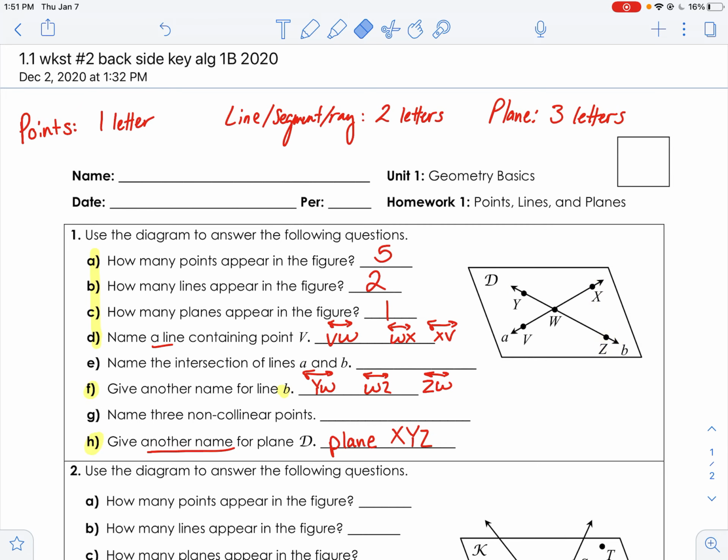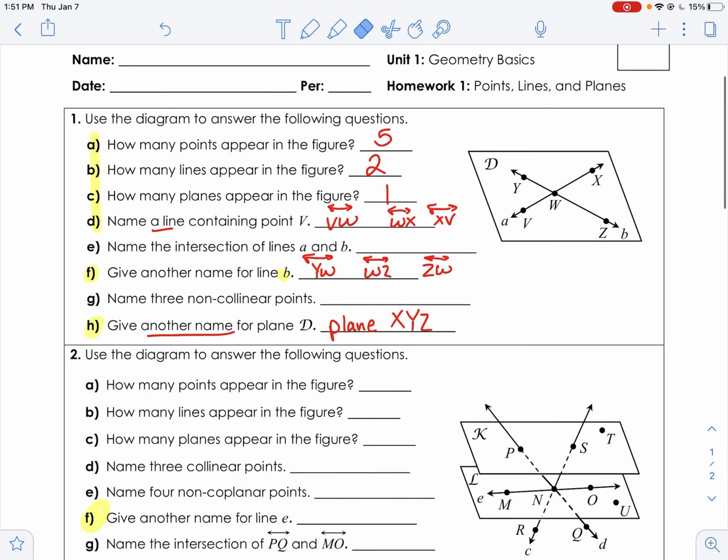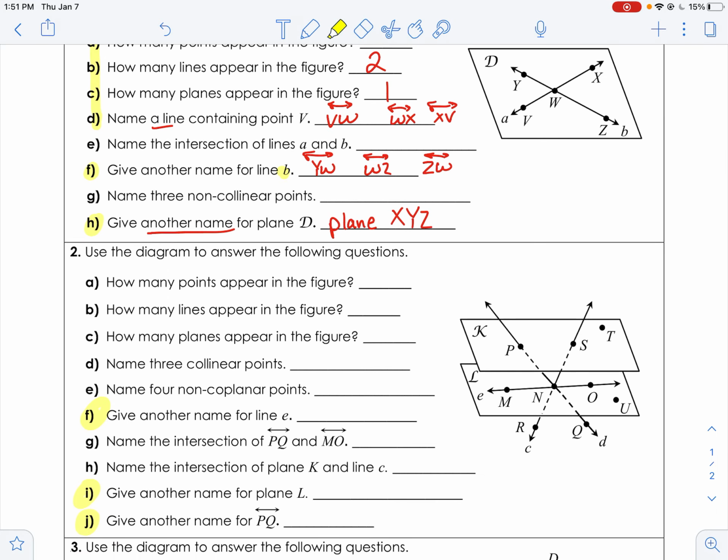I'm going to scroll down and give us a chance to practice a few more. And if you want to pause the video and then try these and check your work, you can unpause it and watch the video, see how you did, or you can just watch this and follow along. So F says, give another name for line E. Well, where's that lowercase e?